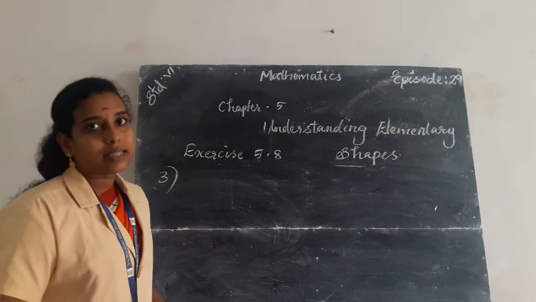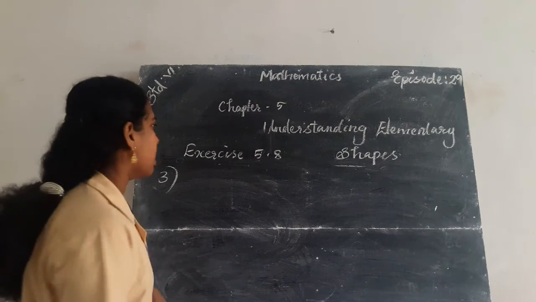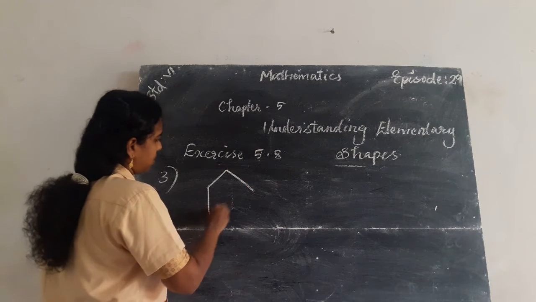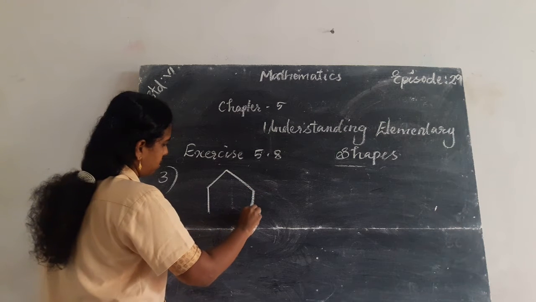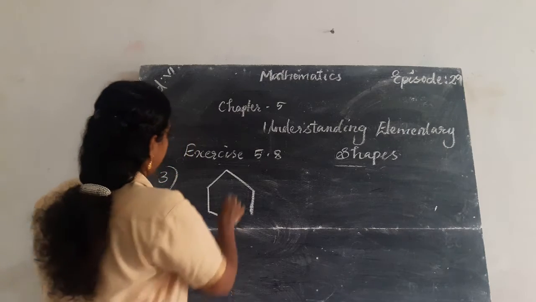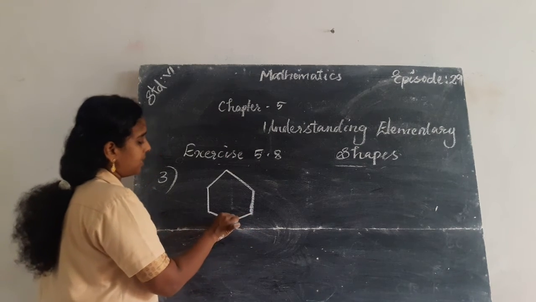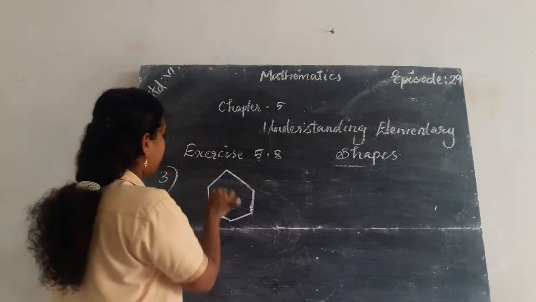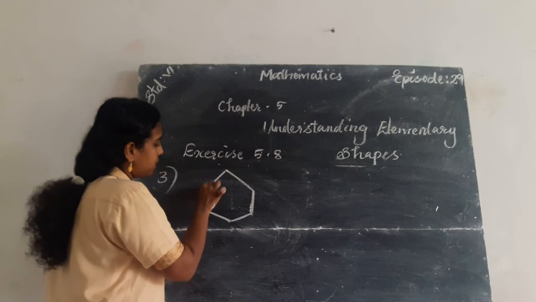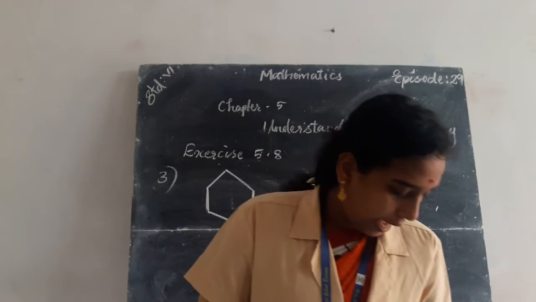A polygon with 6 sides is called a hexagon.